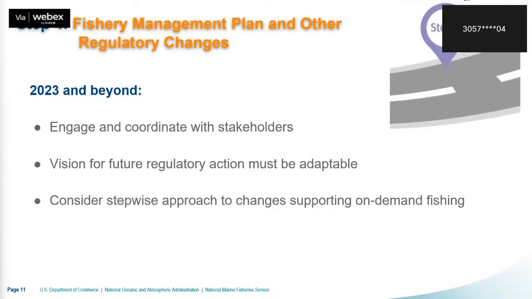It's clear that the current regulations we have in place will quickly reach their capacity, and FMPs and the take reduction plan will need to be rewritten in a way that can accommodate a future where we have more broad scale use of both buoyed and on-demand gear fishing in the same areas at the same times.